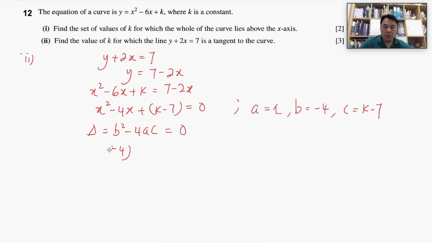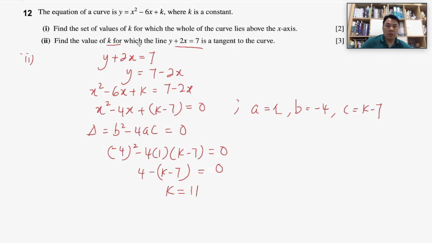Now -4 squared minus 4 times 1 times k minus 7 equal to 0. This one will be 16 minus 4k plus 28, so 4k is 44, and k is equal to 11. There's the value of k for which this is the tangent to the curve.